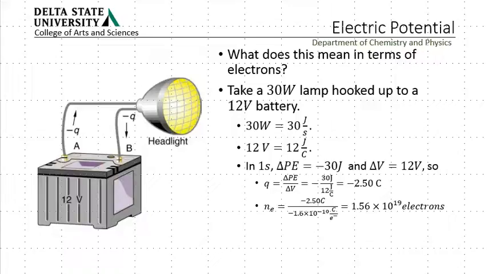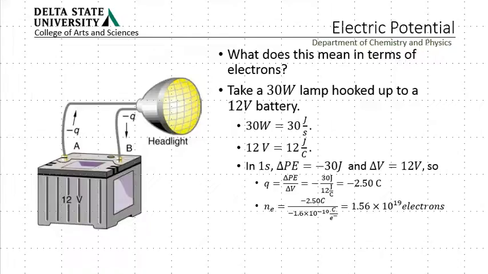So in 1 second, at 30 joules per second, the potential energy changes by minus 30 joules, and we have a voltage change of 12 volts. If we take delta V equals delta P over Q and solve it for Q, we get Q equals the change in potential energy of minus 30 joules divided by delta V, which is 12 joules per coulomb.